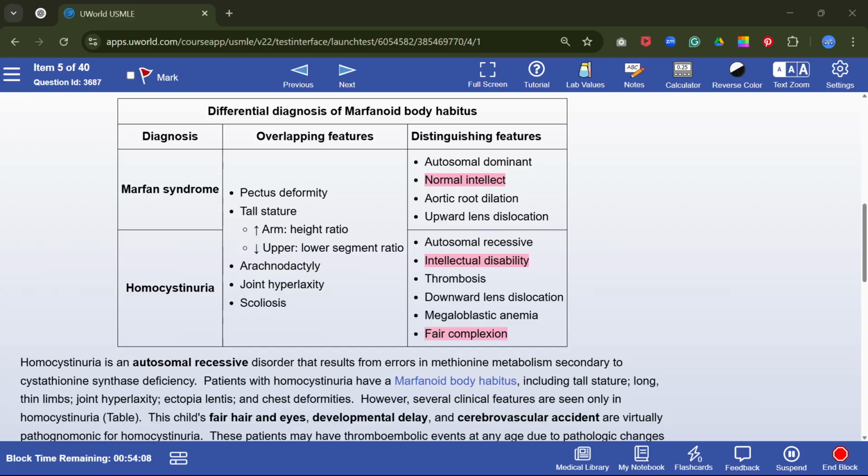So these are the unique features for Marfan syndrome. Both Marfan syndrome and homocystinuria have lens dislocation. We can differentiate by the direction of lens dislocation.